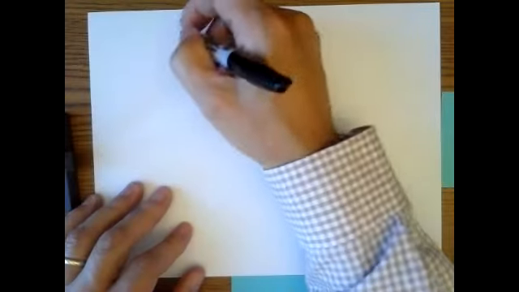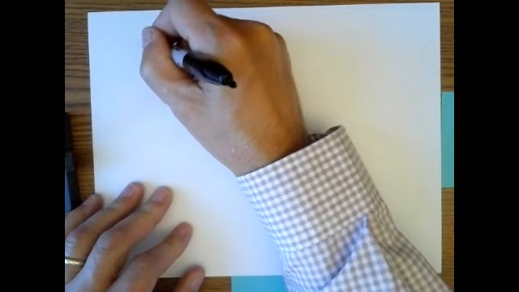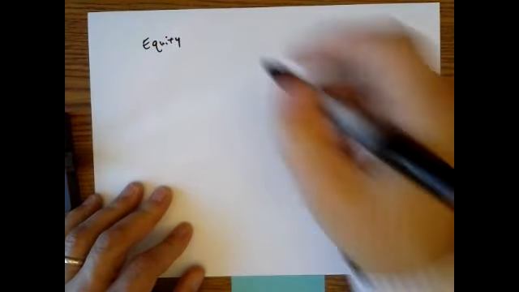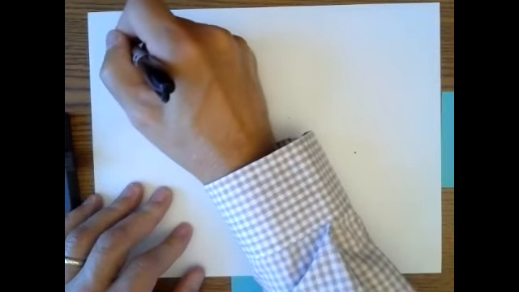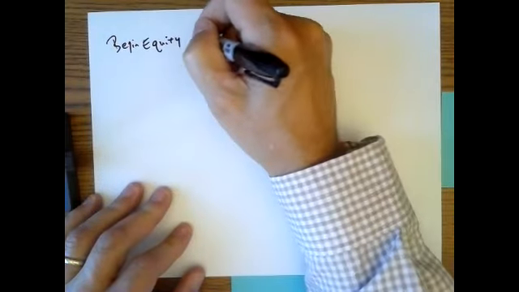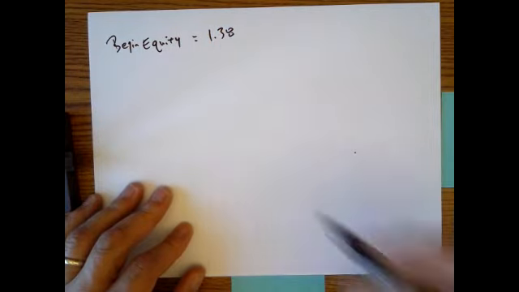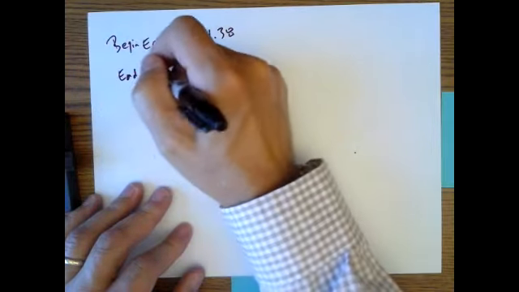Now, if we assume we have an equity balance of 1.38 million, let's call that beginning equity, 1.38 million, and then we have an ending equity of 1.98 million.